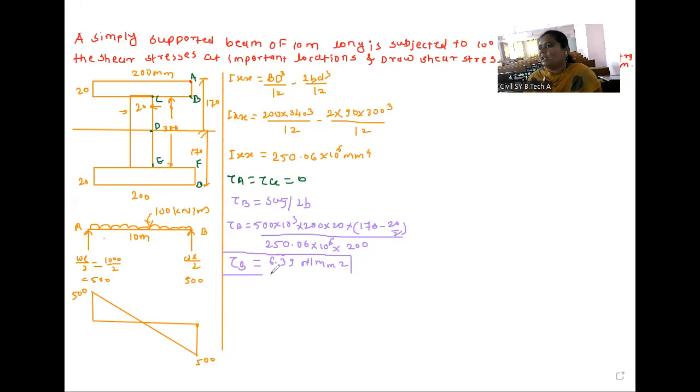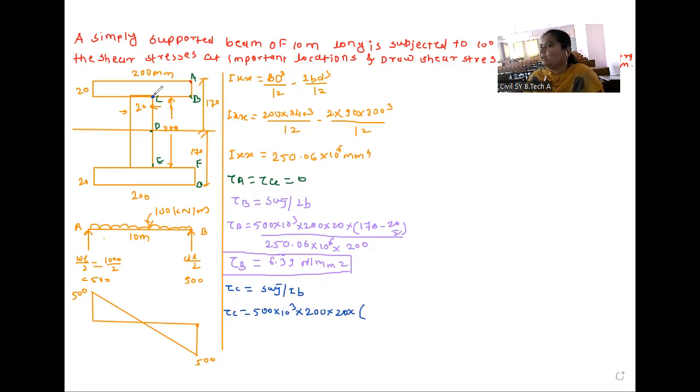After that, we will calculate shear stress at this C point. So the next point is tau C, which is equal to SA y bar divided by IB. Tau C is shear force 500 into 10 raised to 3, into width 200 into depth 20. So 200 into 20 into the centroid.